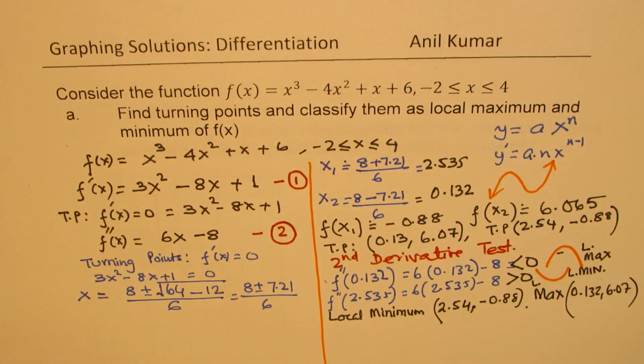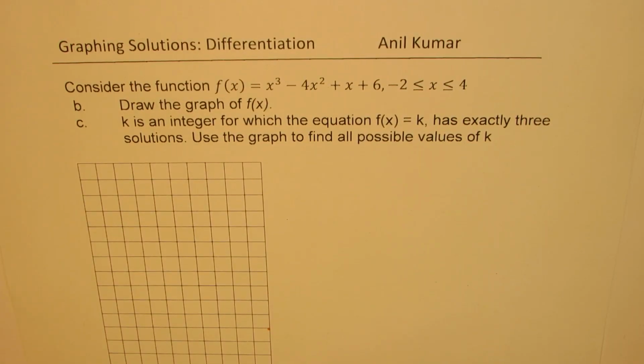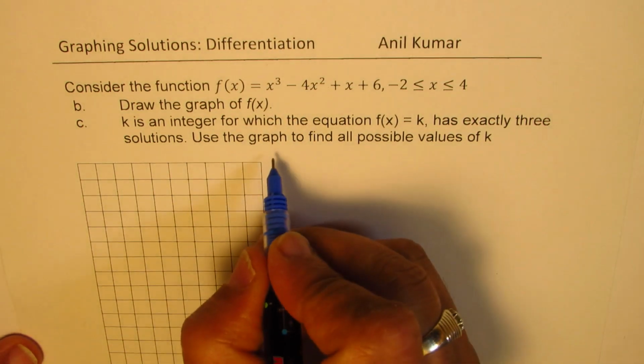We already have two critical points, local minimum and local maximum. So we have already found the local maximum and minimum points. Let me write down those points.